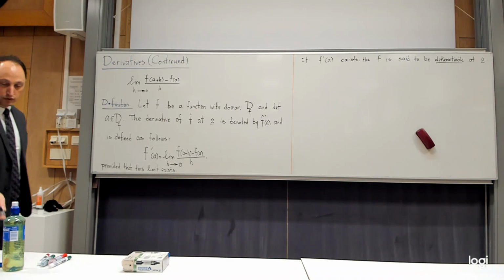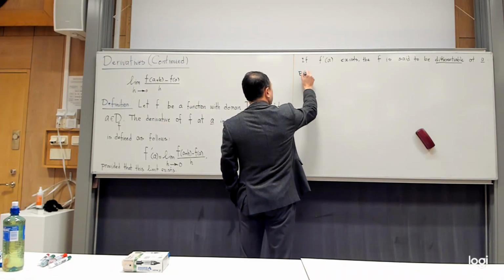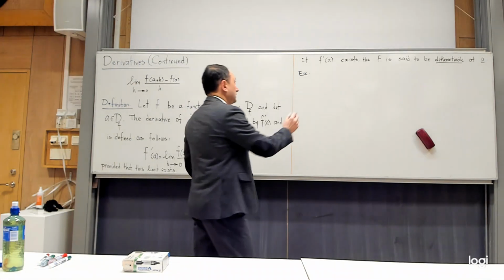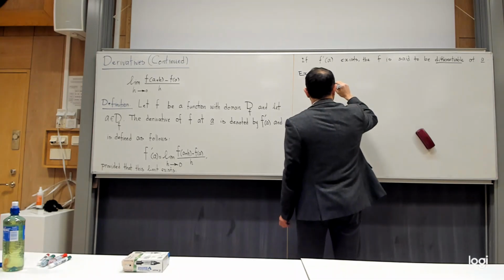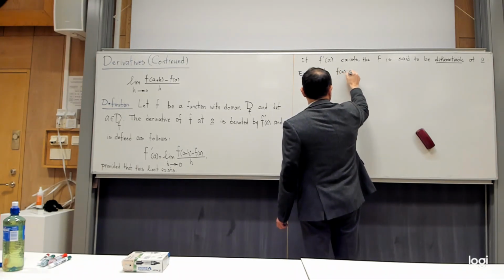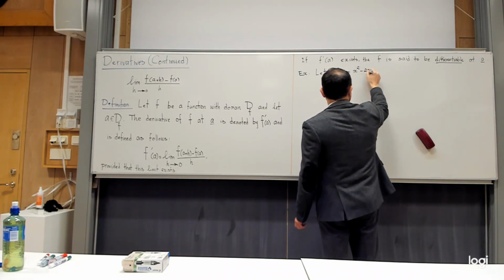Okay, so let me give you an example. Let f of x be equal to x squared minus 2x plus 5.